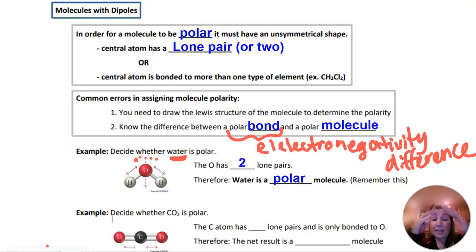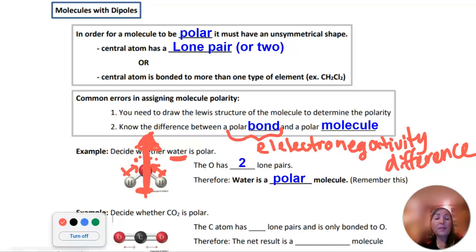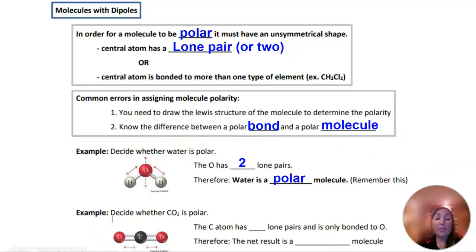They're actually going to be additive, and the overall molecule polarity is toward the O. If each O to H bond is polar, then there will be an overall polarity where the O end is slightly negative and the H end is slightly positive. Okay, I'm going to clean that up just so it's easier for us to see what's going on.